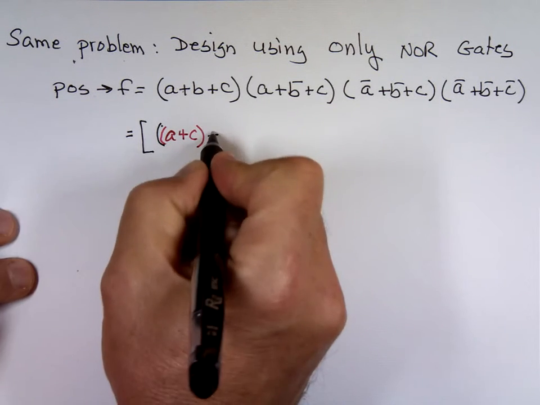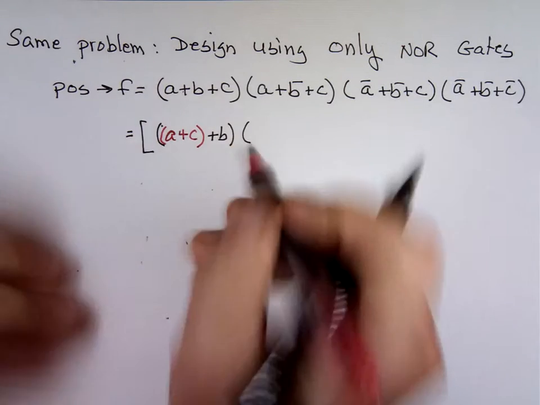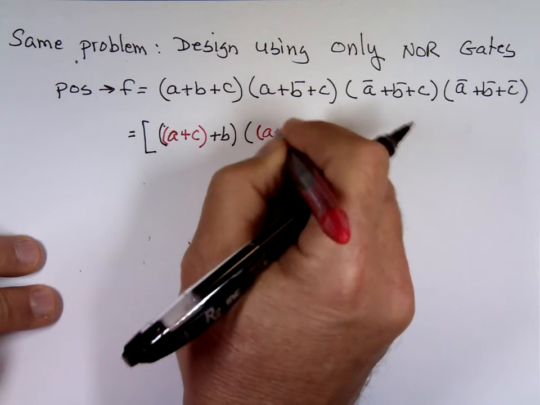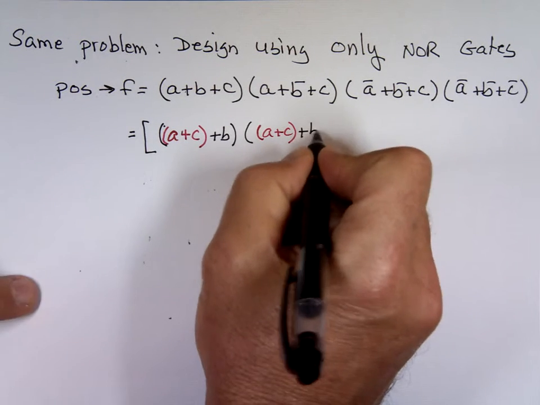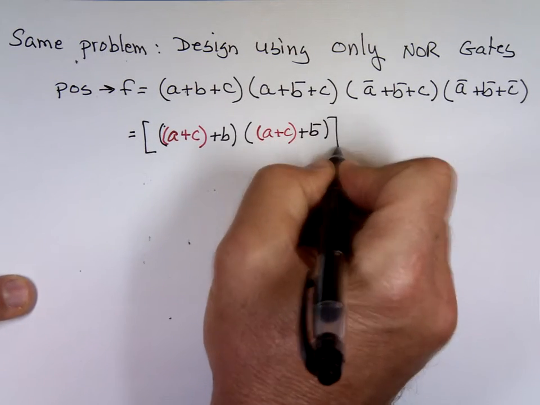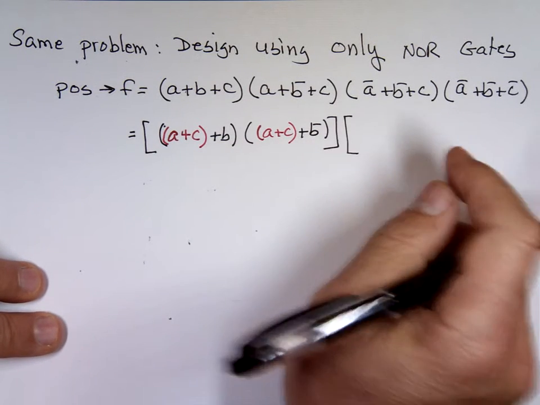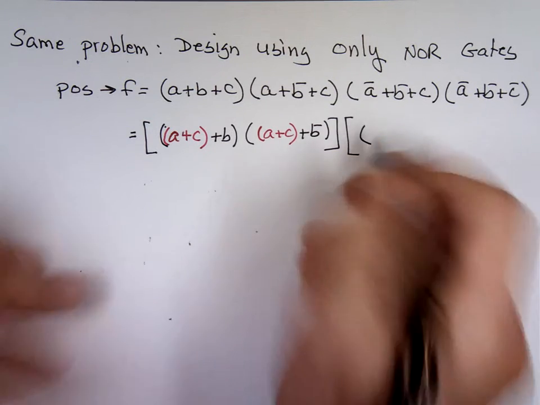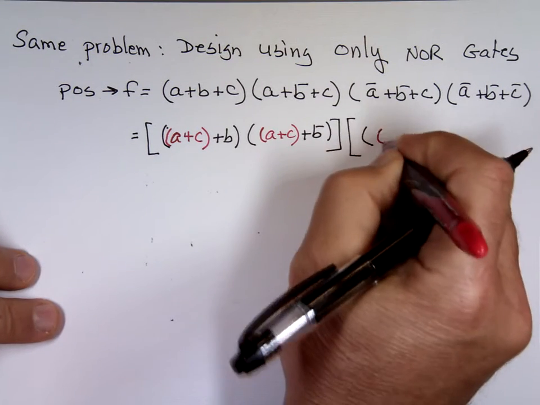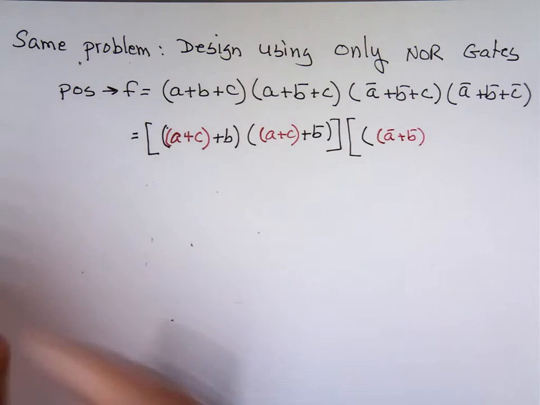B. A plus C plus B bar. This is one group. The other group has, what's the same? A bar and B bar. Plus C.